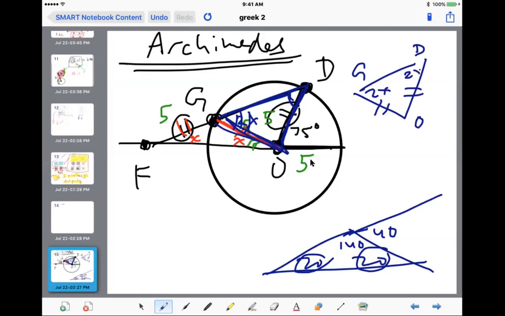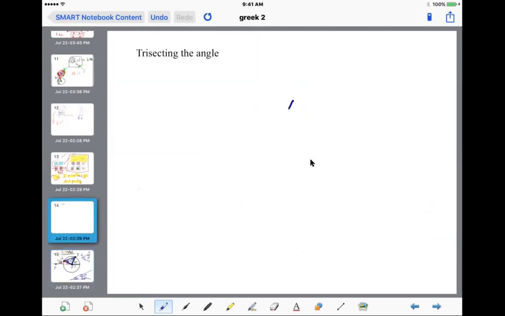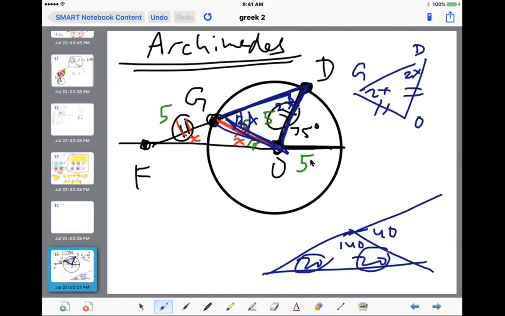An isosceles triangle has equal base angles. Now I'm going to do something very sneaky. I am going to erase everything except for the 2x.